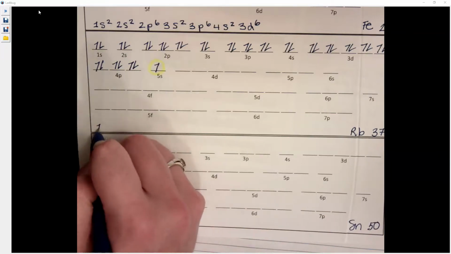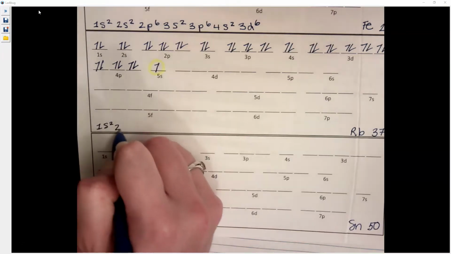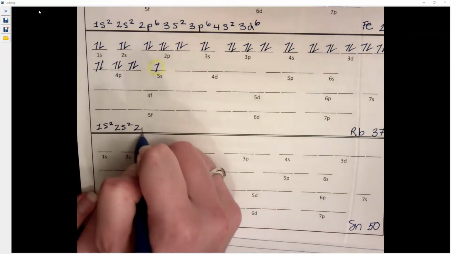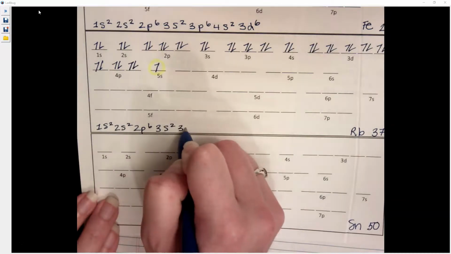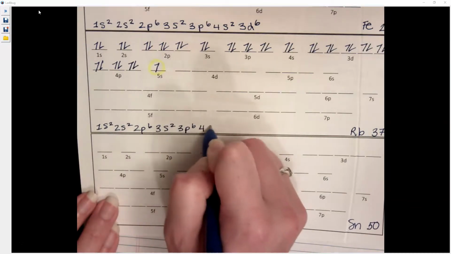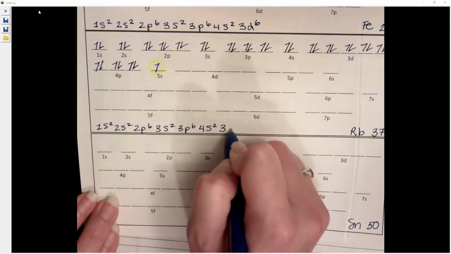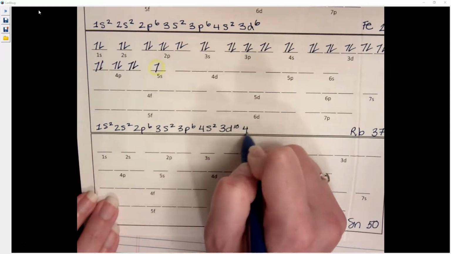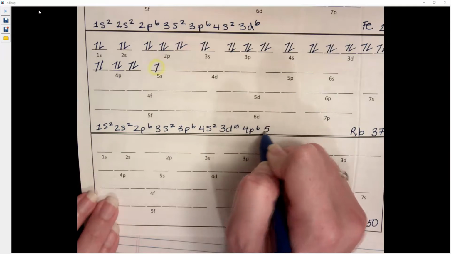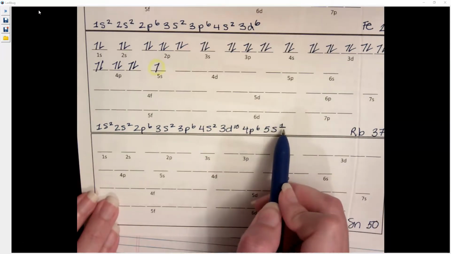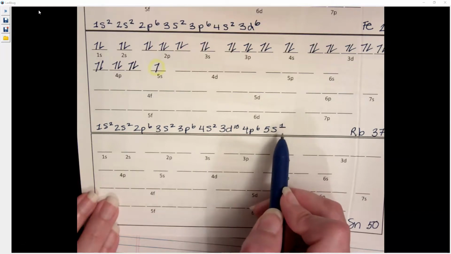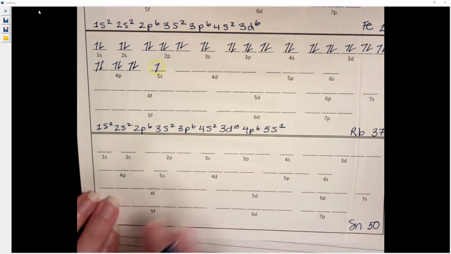Okay, 1s2, 2s2, 2p6, 3s2, 3p6, 4s2, 3d10, 4p6, 5s1. You do need to put the 1, by the way. You can't just leave it off. It's not like math class where you don't have to say 1x. You do have to put the 1 there.